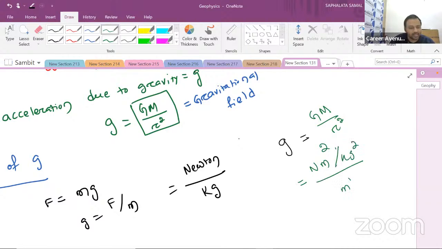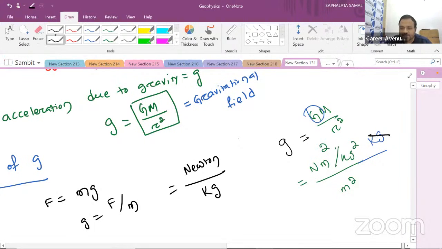This is for the capital G, and there is another kg over here. So kg and kg are cancelled, meter square cancel. It will be again Newton per kg.